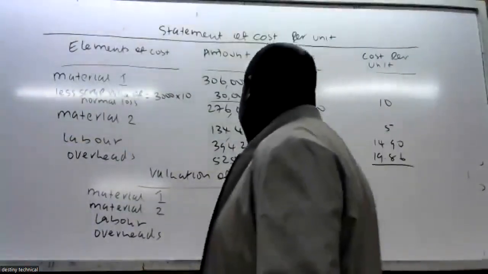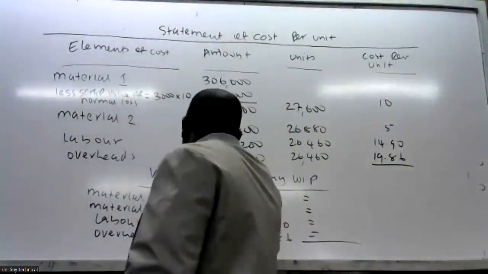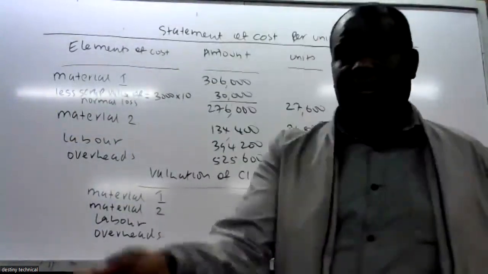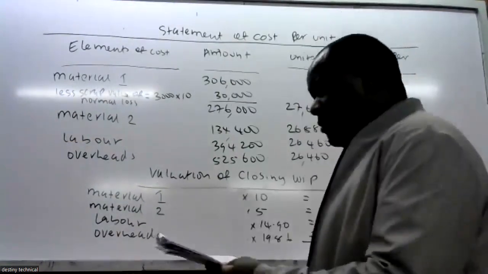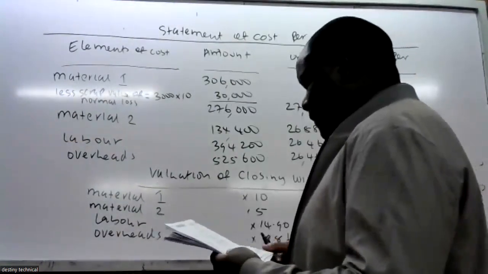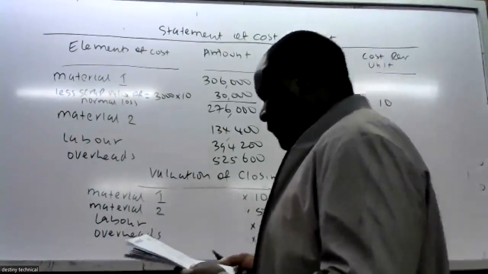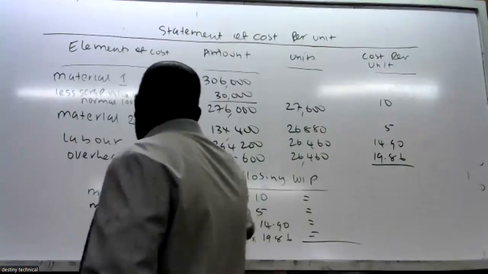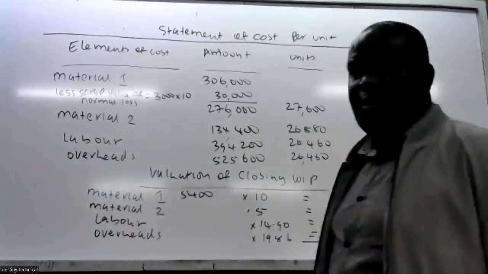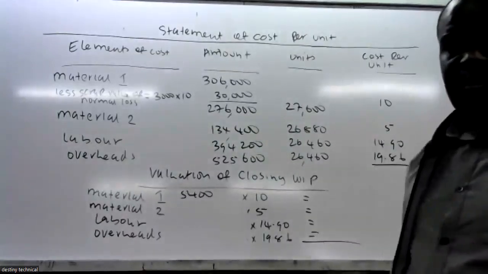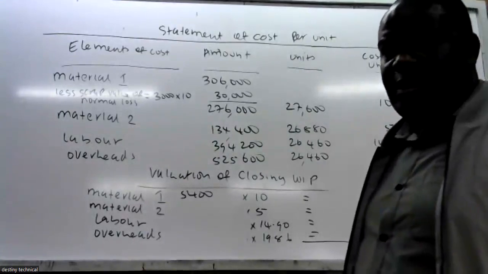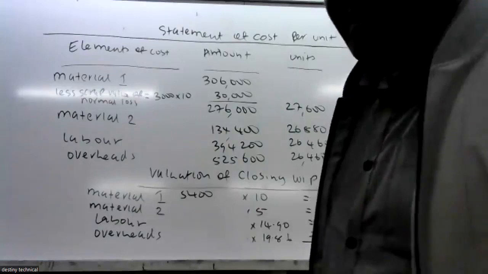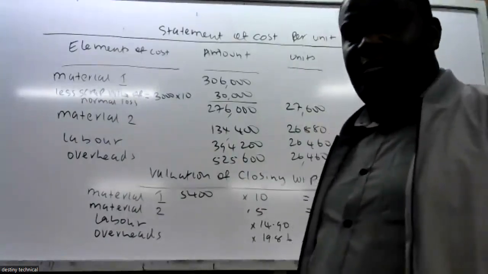So we still use the same details. But material 1, it was 5,400. We still multiply by 10. How about material 2? Well, closing work in progress in the statement of equivalent units, material 2, there were how many units?